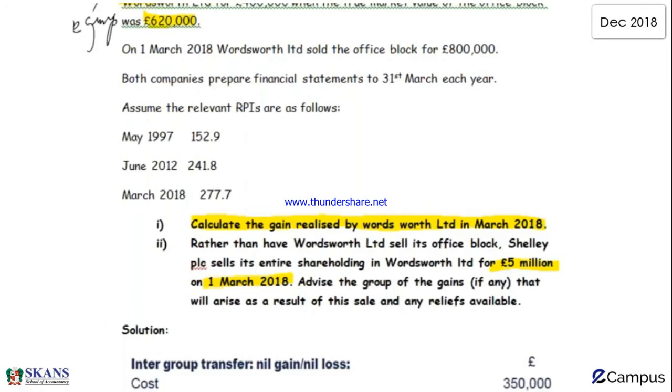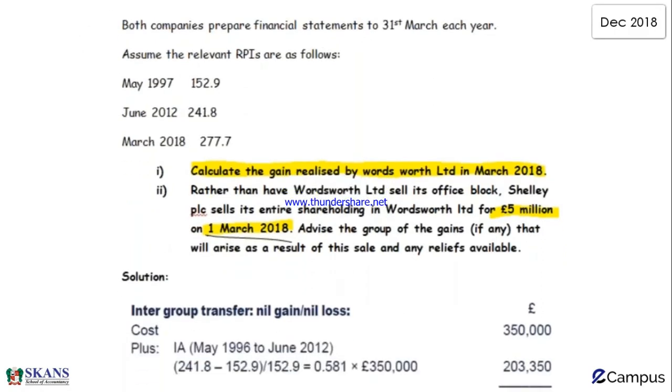Well, this was received on 10th June 2012. 13, 14, 15, 16, 17, and 10th June 18, it would be exactly 6 years. But on 1st March 18, it would be sold. So within 6 years of receiving a no gain, no loss transfer, Wordsworth Limited is going to get degrouped. And so we should calculate the degrouping charge.